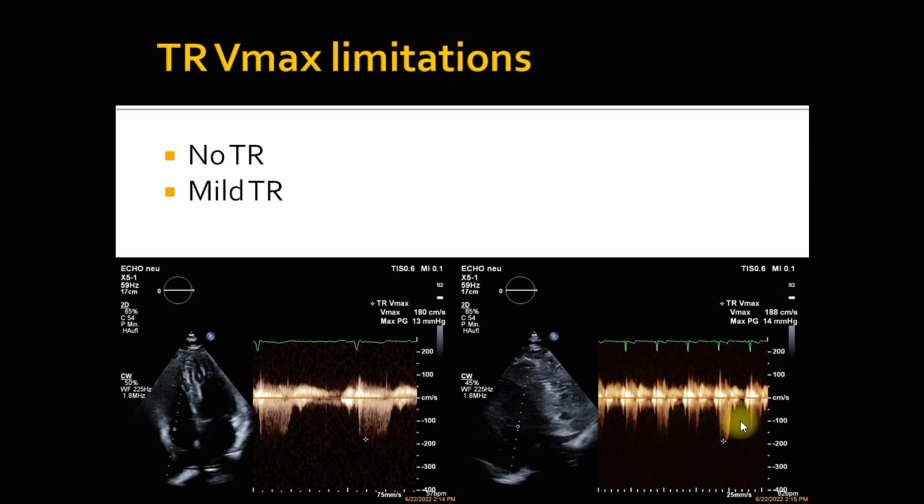The second method, which I would prefer, is to ask the patient to take a shallow breath. When the patient takes a shallow breath, with inspiration, the venous return to the right side of the heart increases, which makes the tricuspid regurgitation jet more prominent, and we have a signal which we can easily measure, like here.